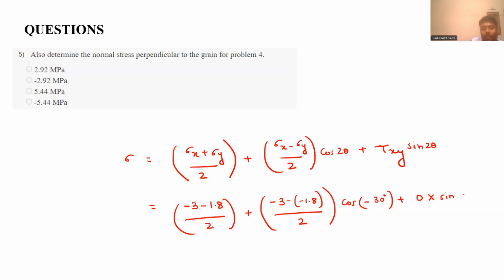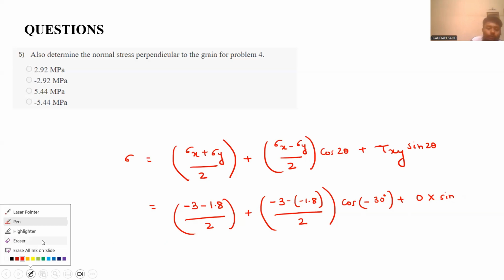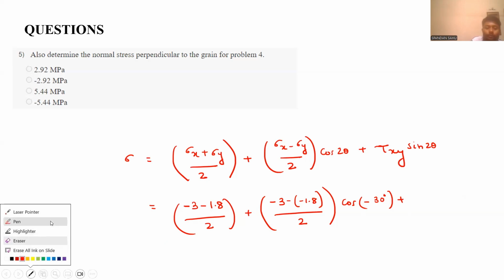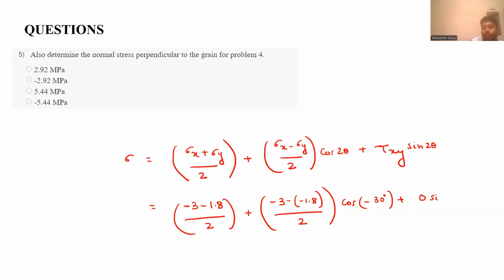So can you give me the value of sigma n, what you are getting? Just calculate those values, substitute it, and tell me the answer. I cannot see your screen.